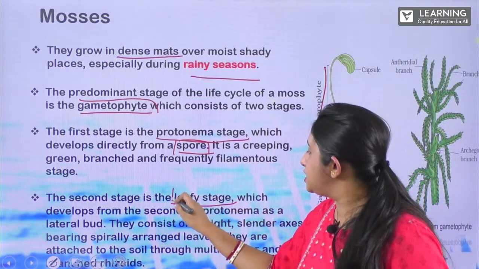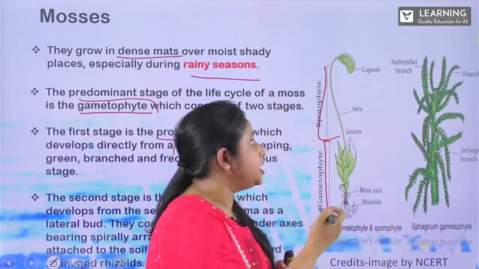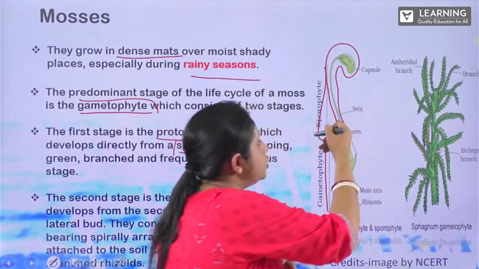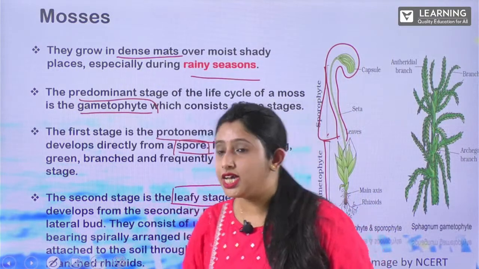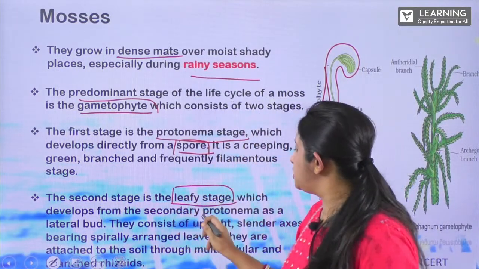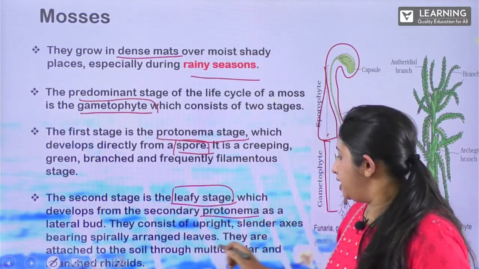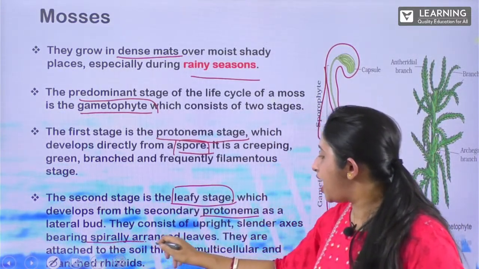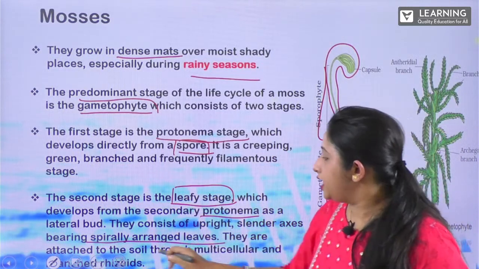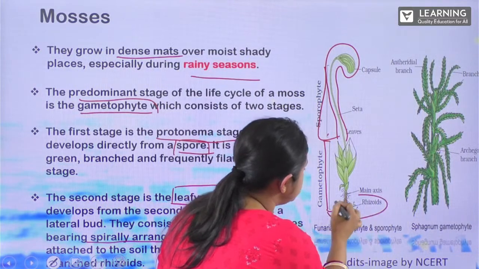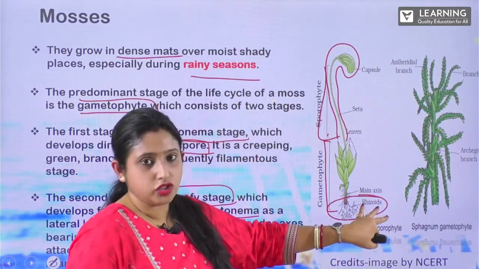And the second stage is the leafy stage. You can see this leafy stage, this curved, branched shape, right? So it is spiral in shape, isn't it? They have spirally arranged leaves, and they are attached to the soil with the help of rhizoids. You can see, these are rhizoids, right?